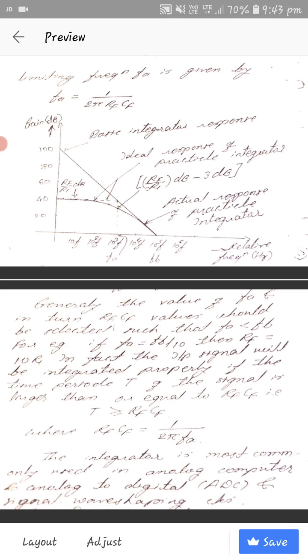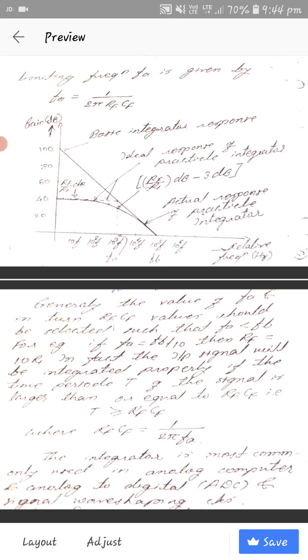In fact, the input signal will be integrated properly if the time period T of the signal is larger than or equal to RF CF. That is, the time T is greater than or equal to RF feedback resistor times feedback capacitor, where RF CF is equal to 1 upon 2 pi FA.